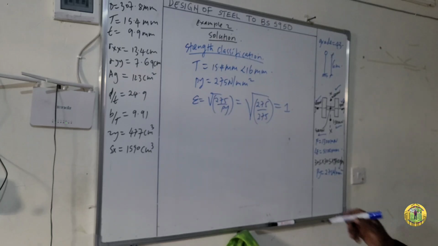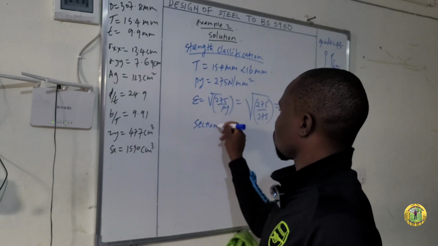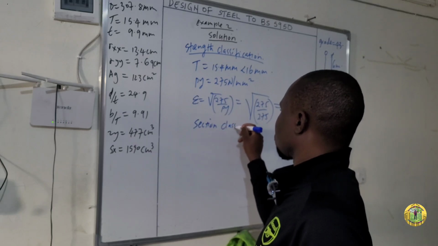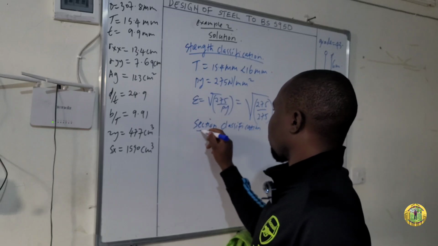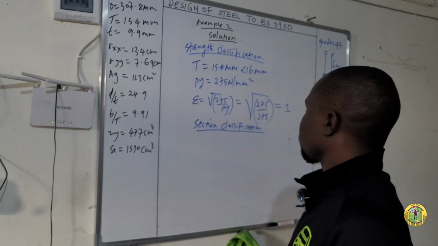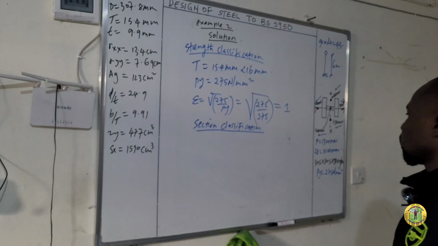And then we proceed to section classification. Again, for section classification, a table has been provided to guide you on how to classify the section of such a column.